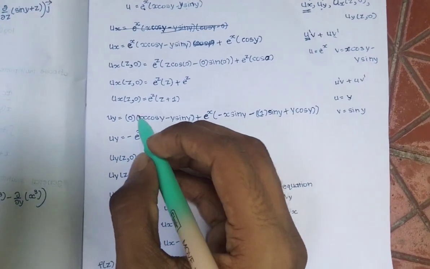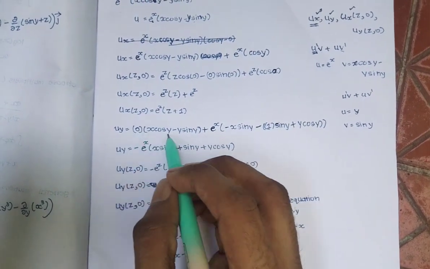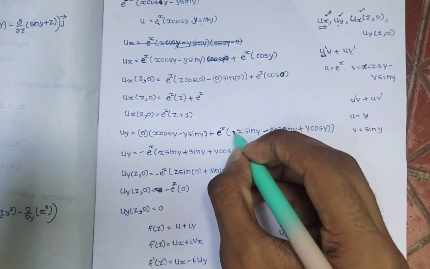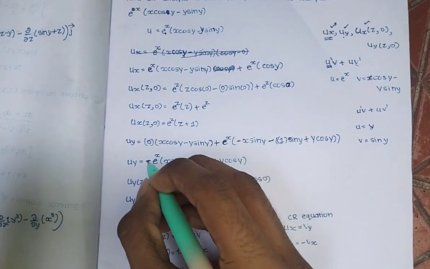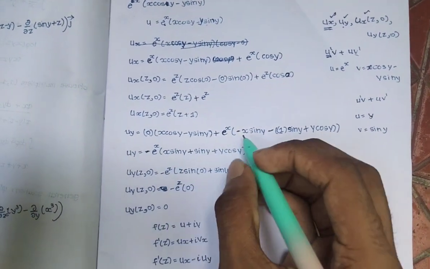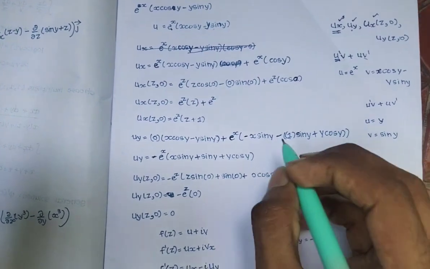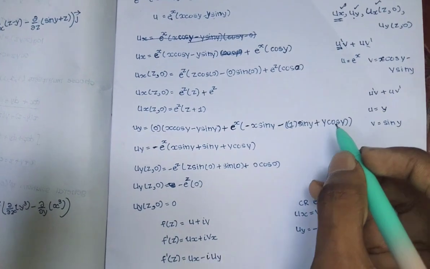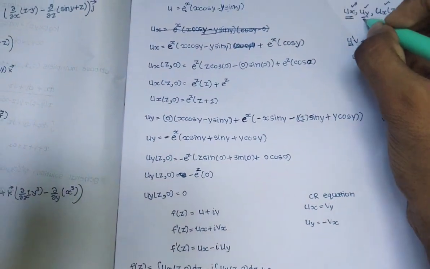The 0 into anything is 0, so that part becomes 0. Taking the minus outside, e^x into, inside fully positive, x sin y plus y sin y. Now we got u_y also.